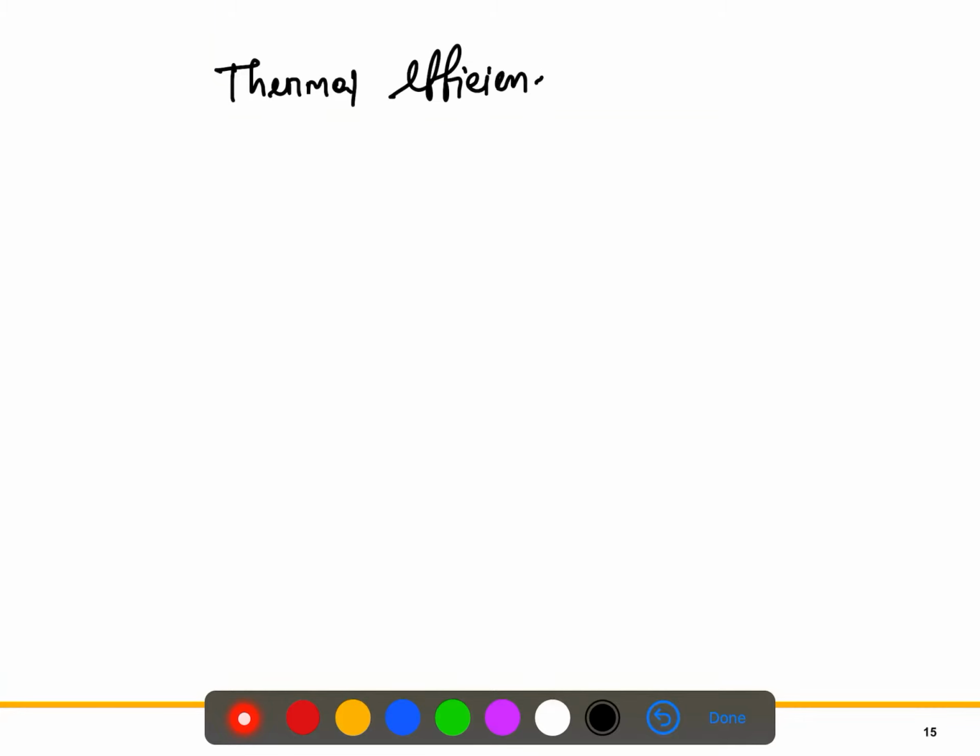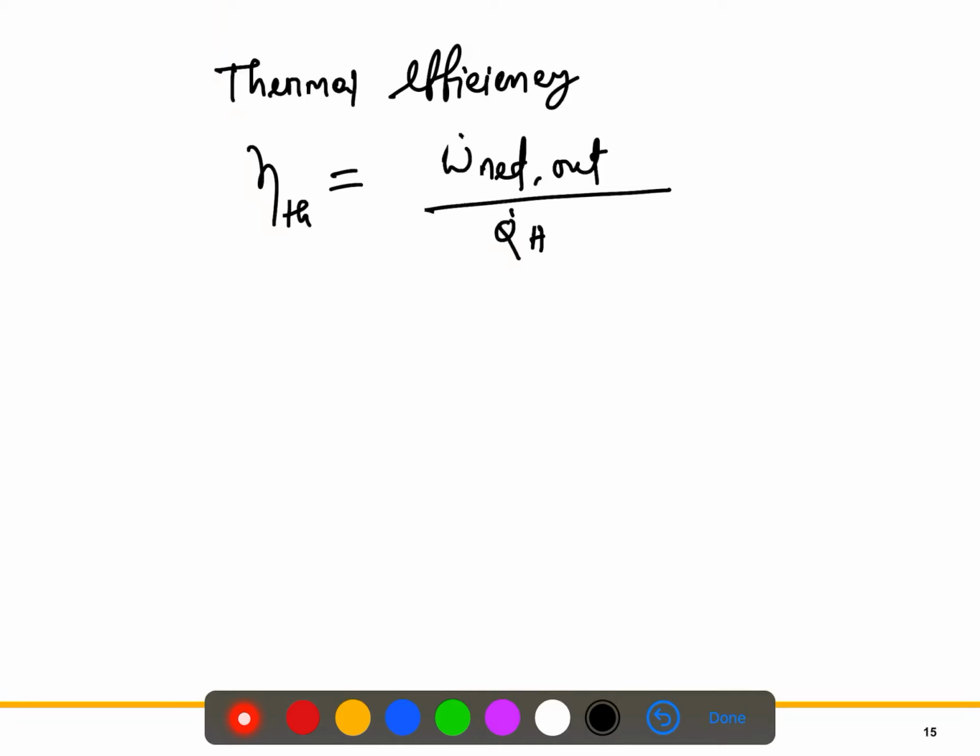The thermal efficiency we define with the Greek eta, eta_th. It is the ratio of the net work output, that means the net power, over Q_H, the heat rate from the hot temperature reservoir. So we know this from the formula.